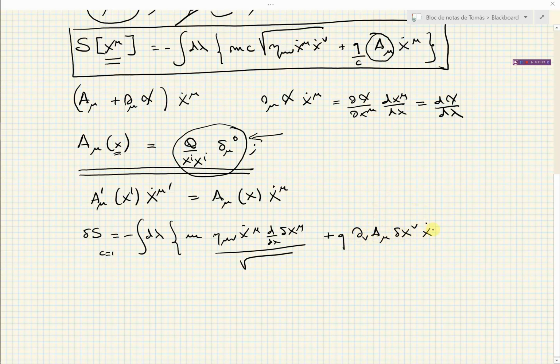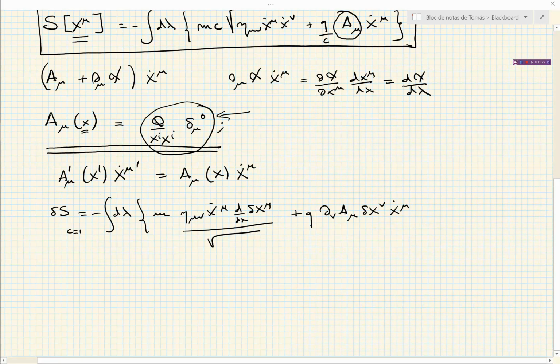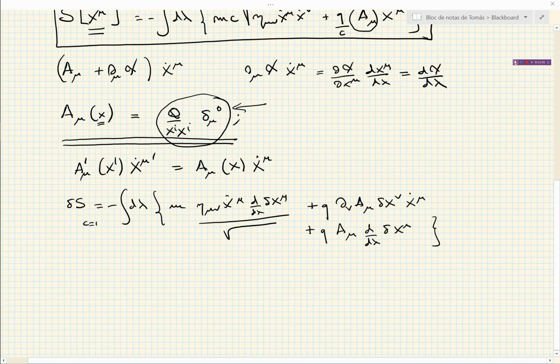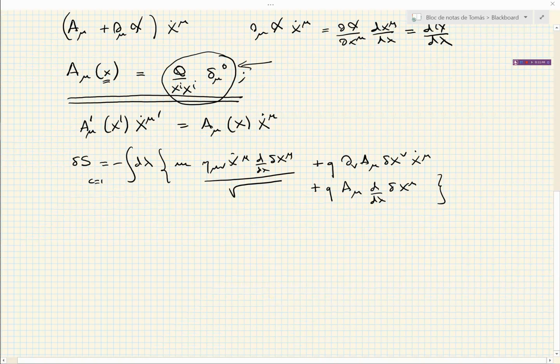Okay, this is still multiplied by x dot mu, and a second term that I write below, which will be q A mu, and then again this is delta x dot mu, but the derivatives and the variations commute, so I write this. Okay, I have to integrate by parts now, not just this term but also this term.